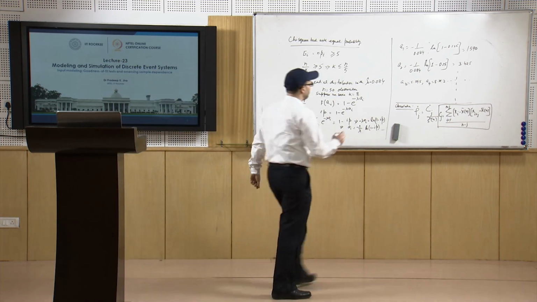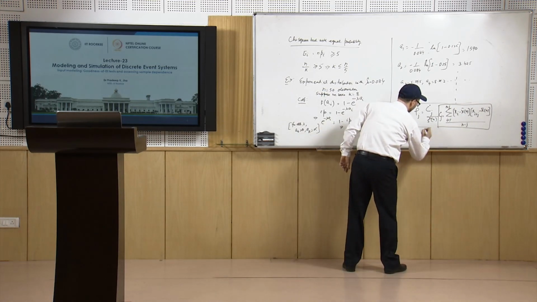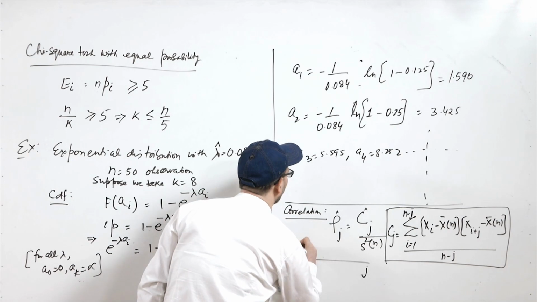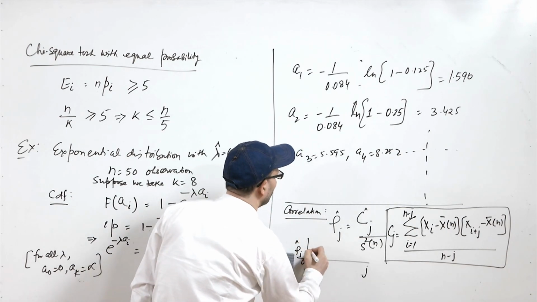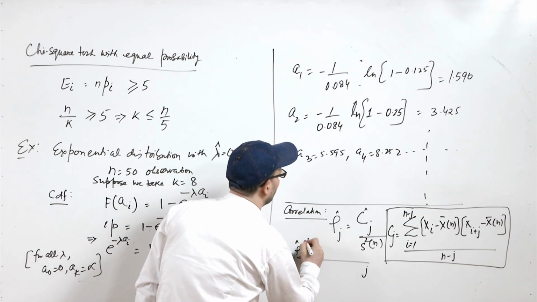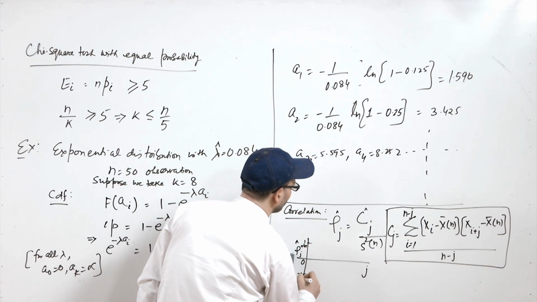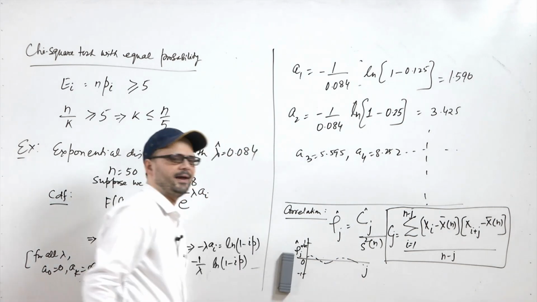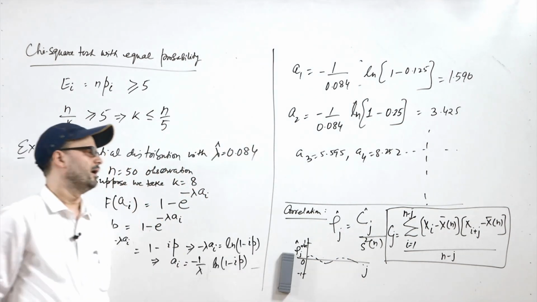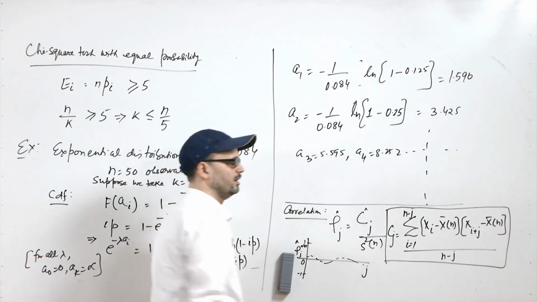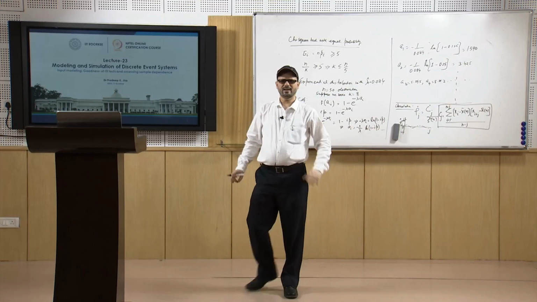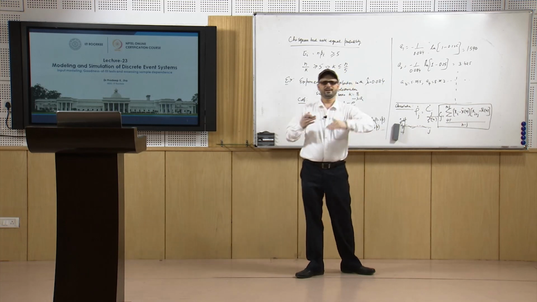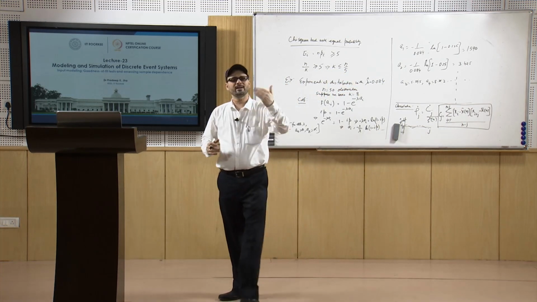You will have j on the x axis and rho j on the y axis. This is 0, this is the positive side and this is the negative side. If the data is like this, it is fine; they can be said to be not related, they are independent. Otherwise they will be said to be correlated.